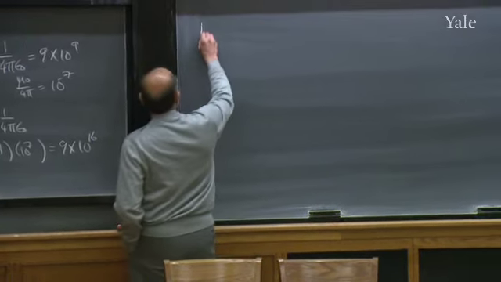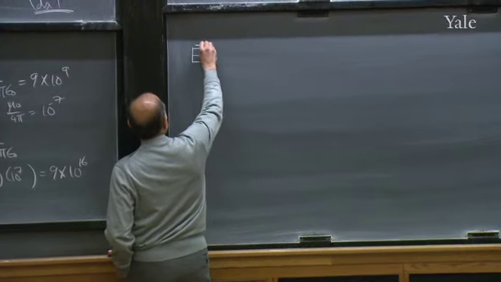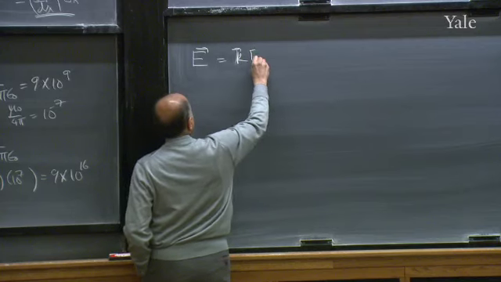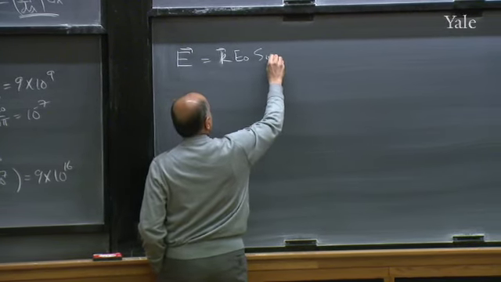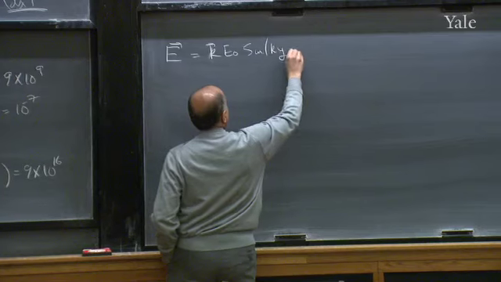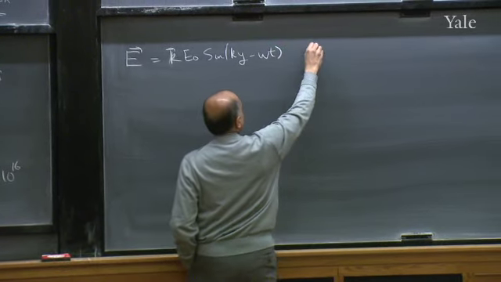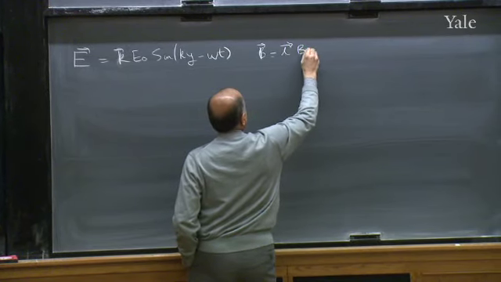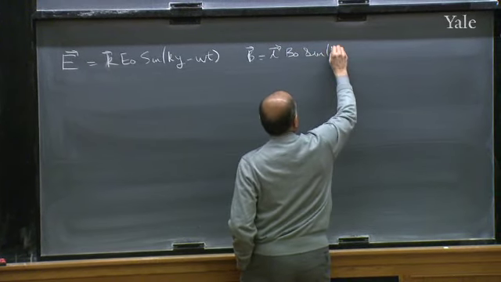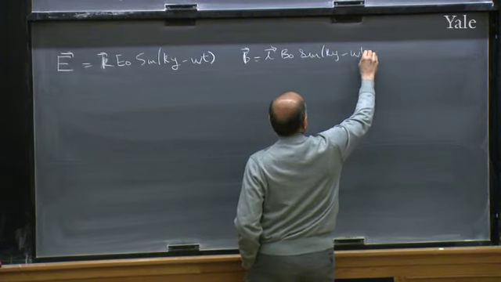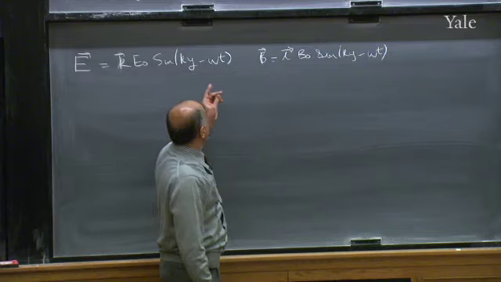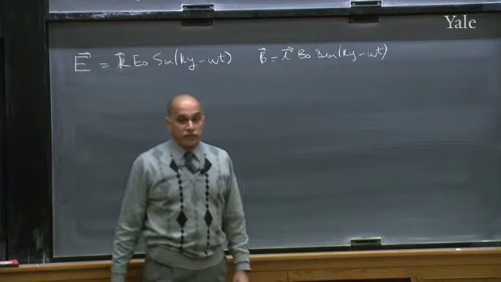The specific form I'm going to write down looks like E equal to k times E0, with a particular function, sine of ky minus omega t, and I'm going to pick B to be i times B0 sine of ky minus omega t.